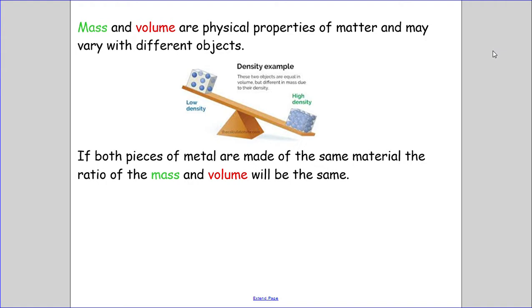So the little blurb below, if both pieces of metal are made of the same material, the ratio of the mass and the volume should be the same. So if I have one piece of, say, steel or aluminum that weighs 5 grams, and then I have a piece of steel or aluminum that weighs 10 grams, the volume would also go up in the same proportion or in the same ratio, because I would be talking about the same material that would be present.